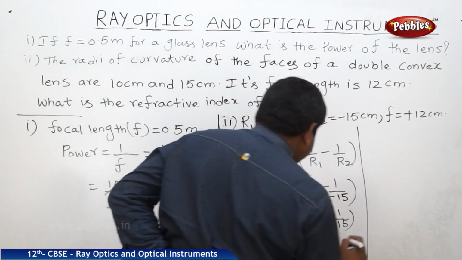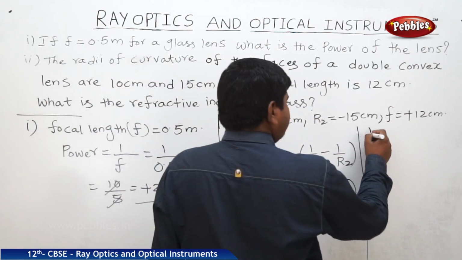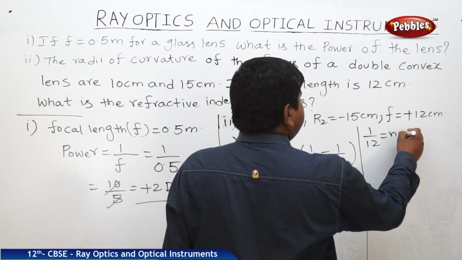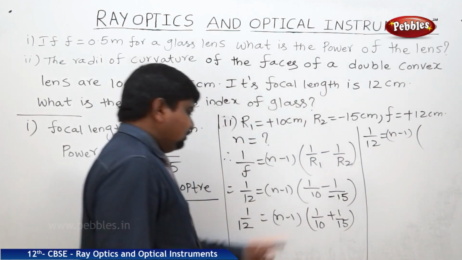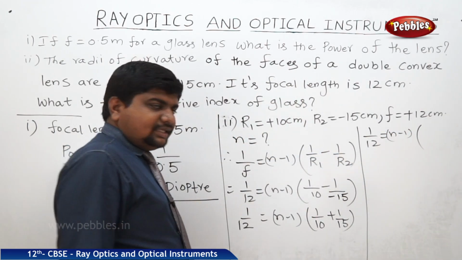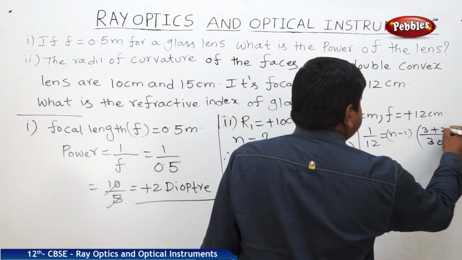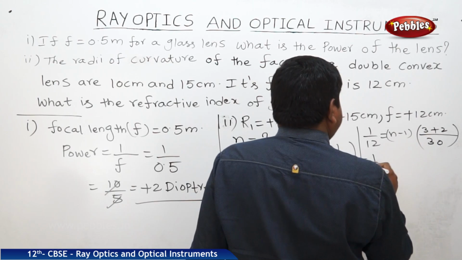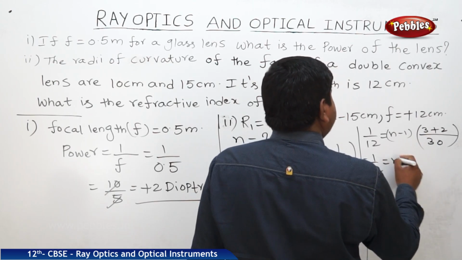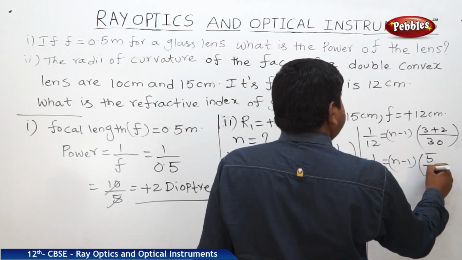To see the answer, it will be like this. 1 by 12 is equal to (n minus 1) into, what is the LCM of 10 and 15? 30. 3 plus 2. So 1 by 12 is equal to (n minus 1) into 5 by 30.